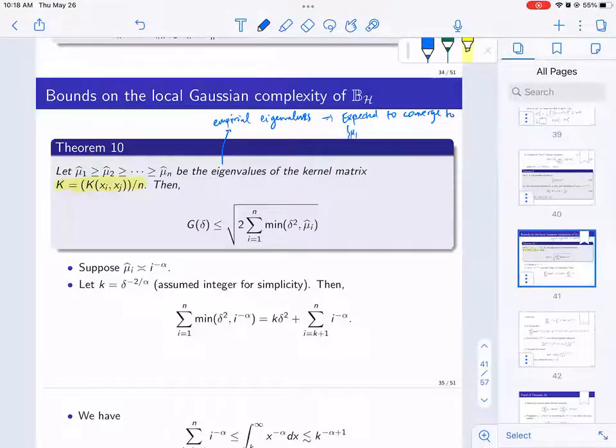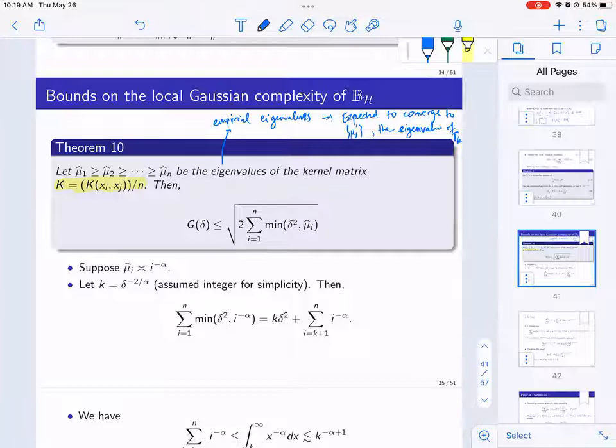We can call them the population version, mu j, the eigenvalues of the kernel integral operator. But then that Gaussian complexity is controlled by something like this, square root of 2 over n times the sum of min of delta squared and mu hat i. So it just depends on how fast these decay.